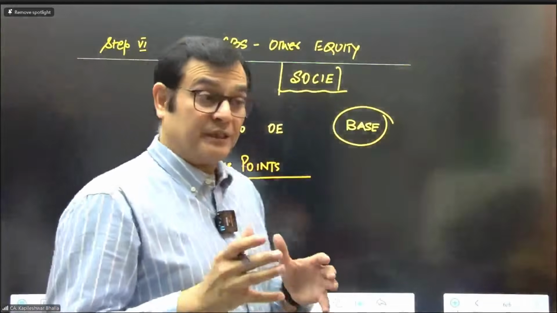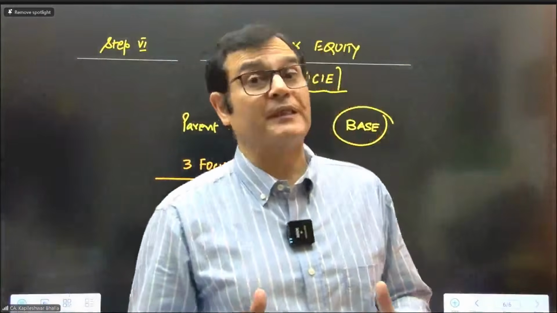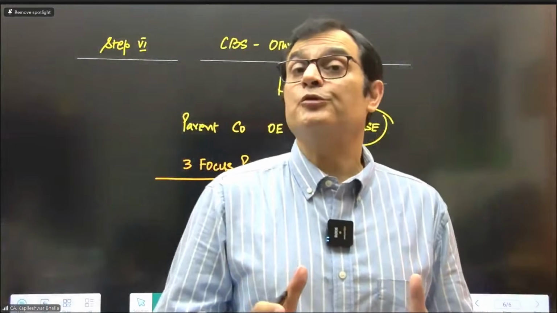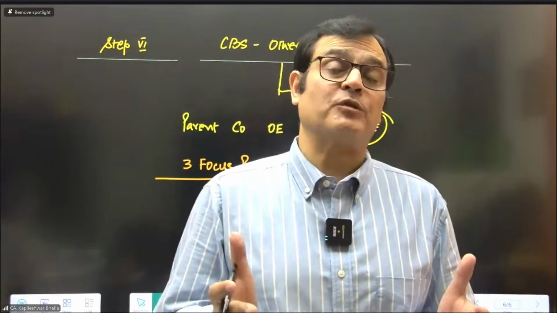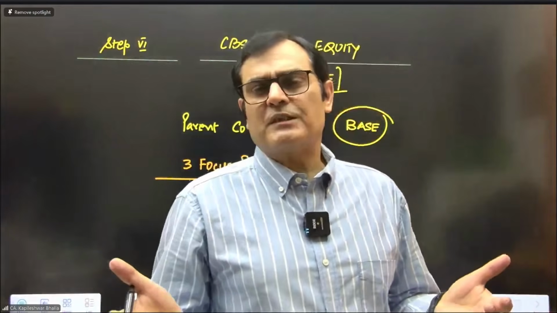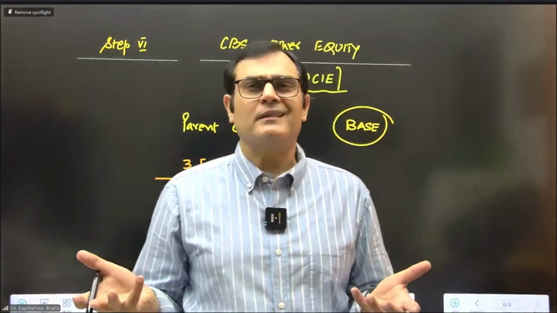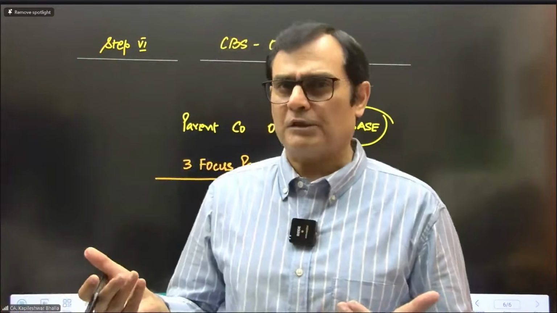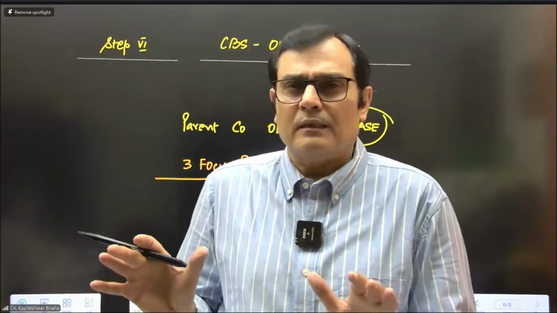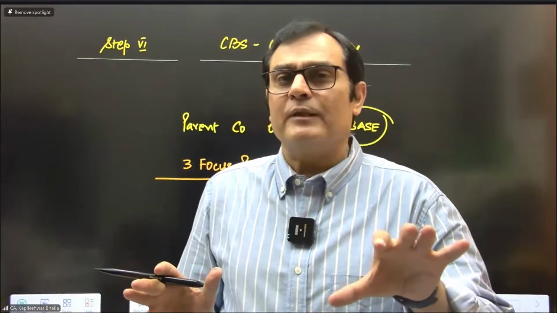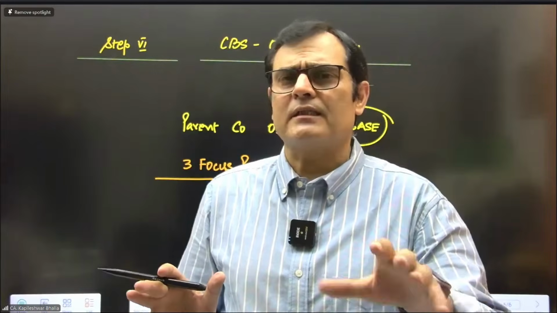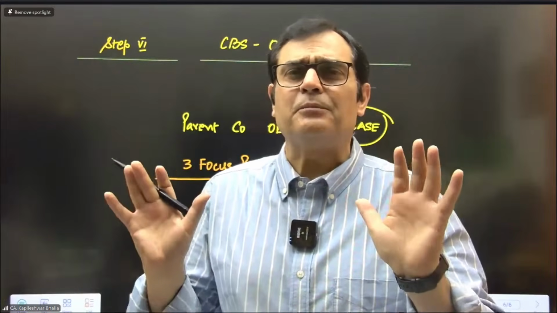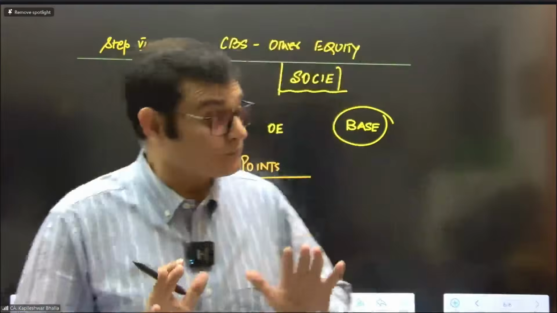When you did step number 2A, three focus points. When you did step number 3, three focus points. When you're doing step number 6, three focus points. And as far as steps 4 and 5 are concerned, I think except for impairment, there is not much. So I think that's a little easier. But if you're able to get your step number 2A correct, and your step number 6 correct, I think almost 70-80% of the battle is fought.